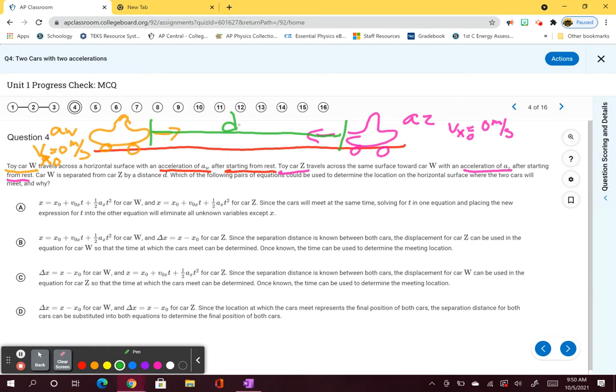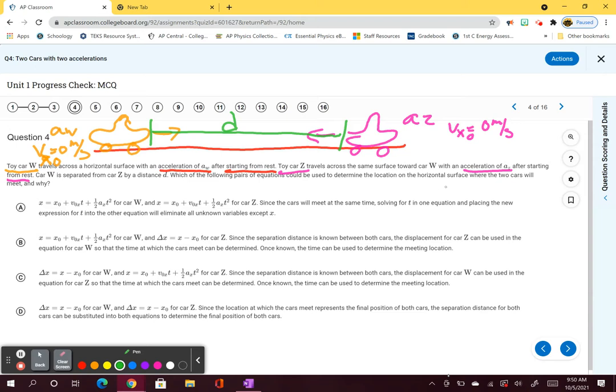Which of the following pairs of equations could be used to determine the location on the horizontal surface where the two cars meet? When you're looking at your answer choices, you have to think about what information you have. You have an acceleration, you have an initial velocity, and you have some type of starting point and ending point.